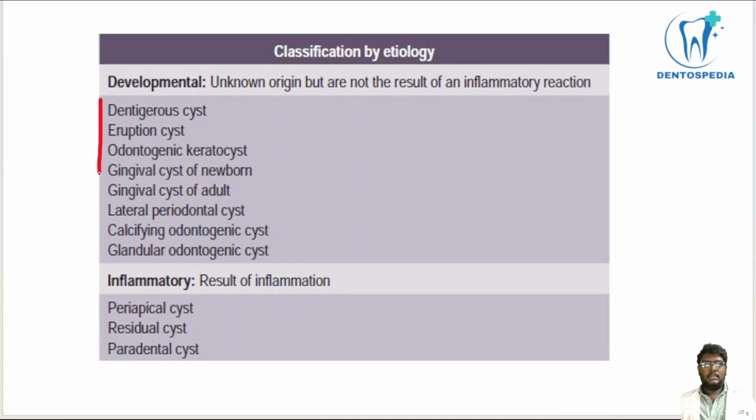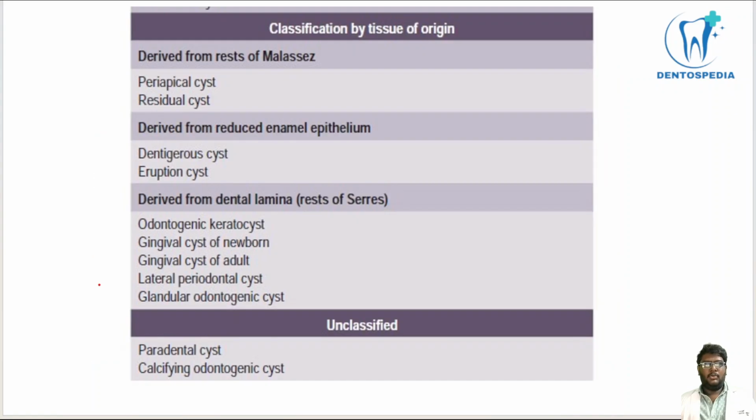So these are the cyst examples related to the developmental origin, and these are the cysts taking origin from the inflammation. Okay, and coming to another important classification, here the classification has been divided based on the tissue of origin.